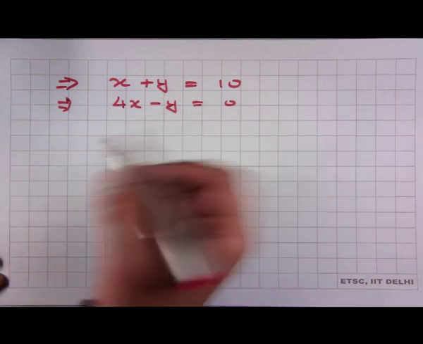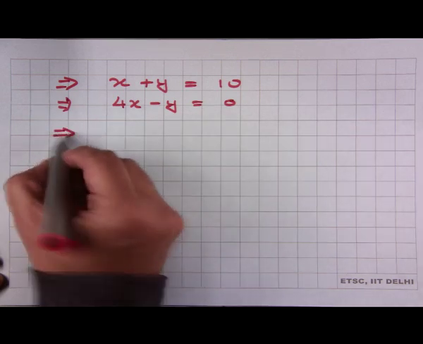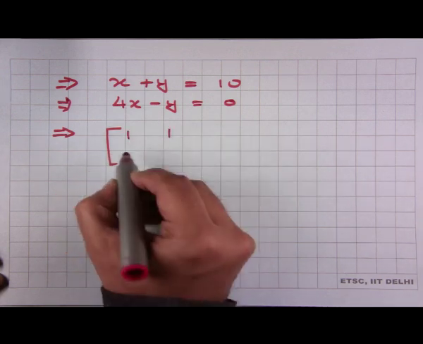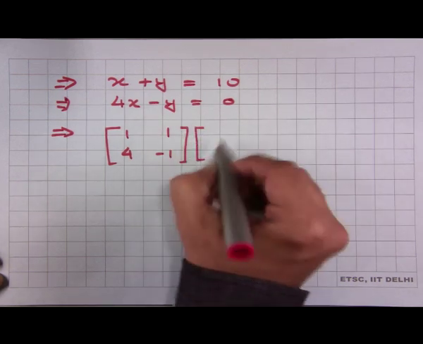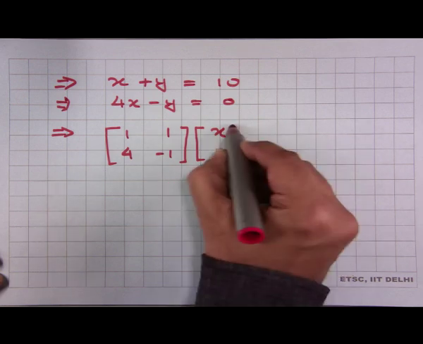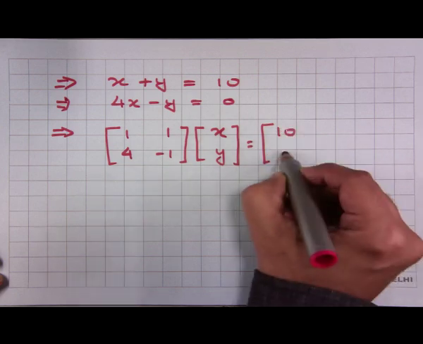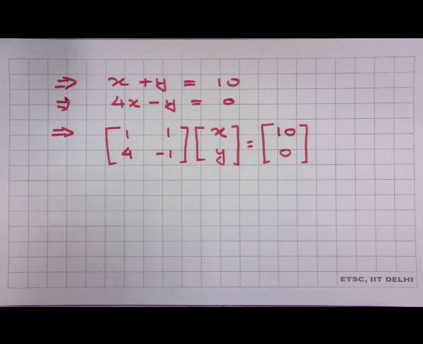So, these are the two equations rewritten in a format which suggests that they can be written in the form of a matrix. Right. So, these are just a matrix system of equations.